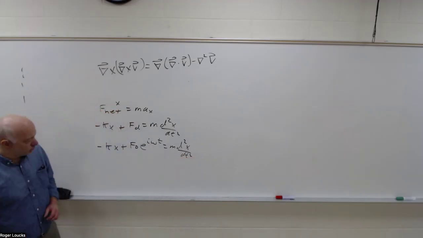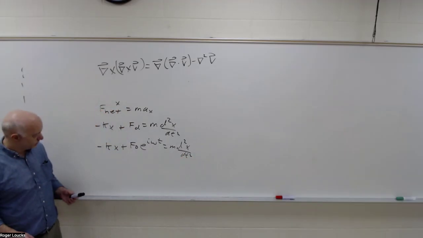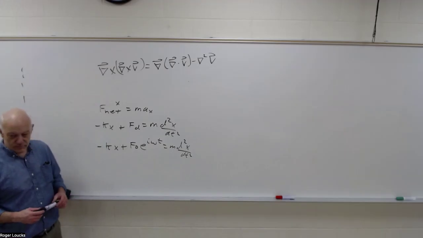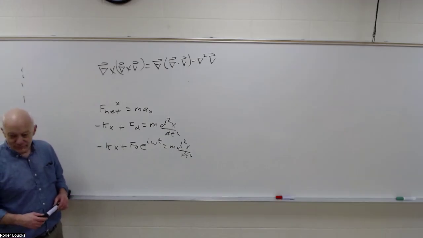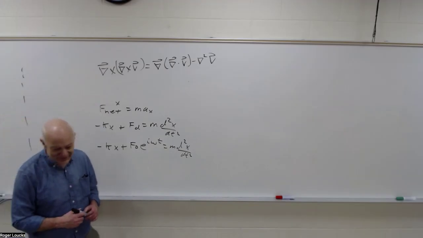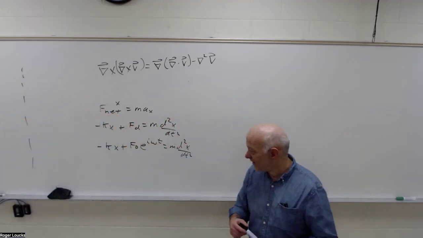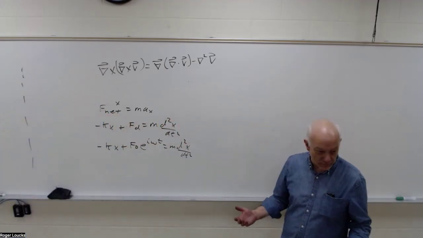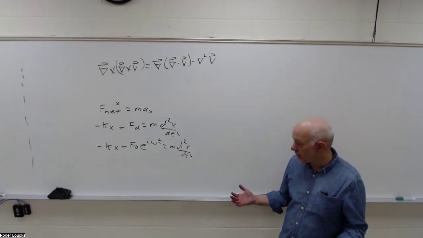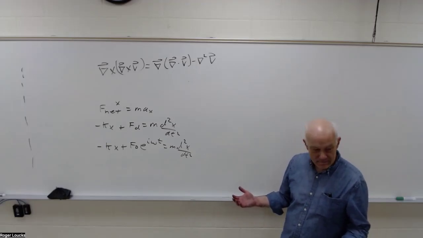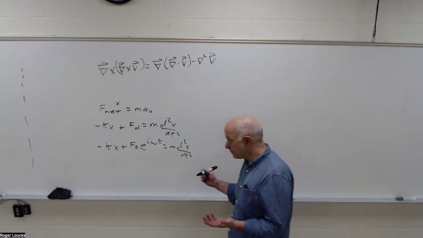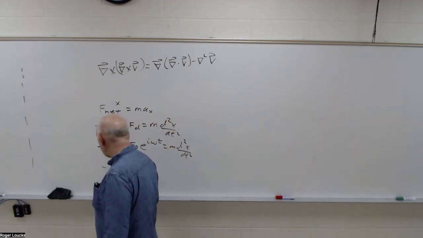What's the next step of this? Okay, we write it in terms of omega naught. So how do we write it in terms of omega naught? We divide everything through right now.